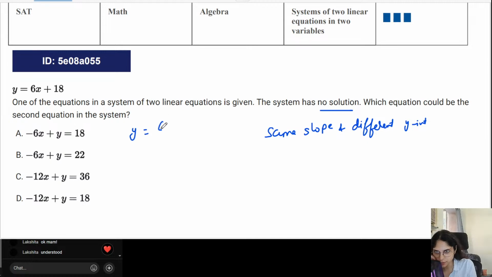This equation is y is equal to 6x plus 18. This is exactly same, so this is not going to work. This is y is equal to 6x plus 22. Yeah, this works. This one is y is equal to 12x plus 36. No, this doesn't work because slopes are different. Here also slopes are different, so option B.